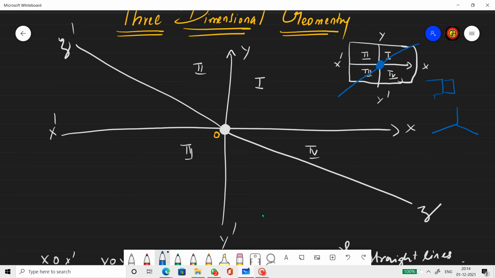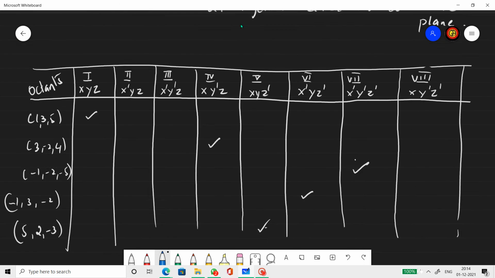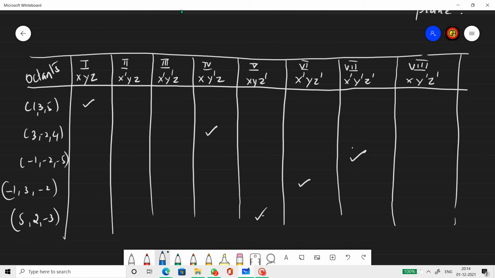Okay, so the given space is divided into 8 octants. In the first 4 octants, the nature of x and y will be just like you see in the quadrants: x positive, y positive; x negative, y positive; x negative, y negative; and then x positive, y negative. But throughout these first 4 octants, z will be positive.